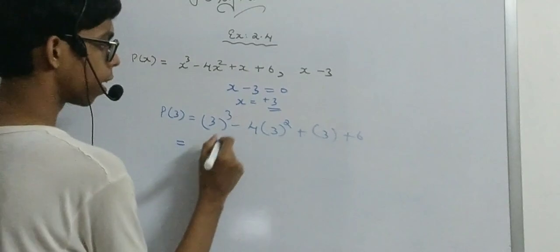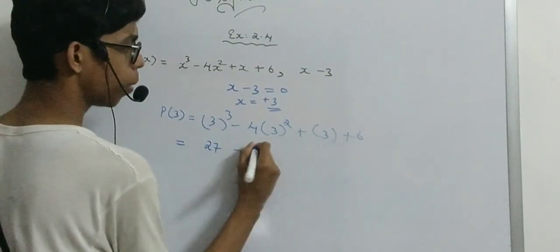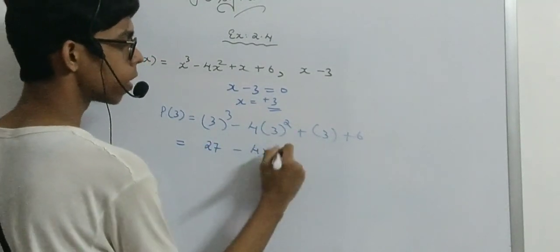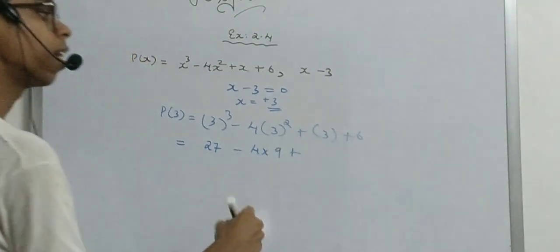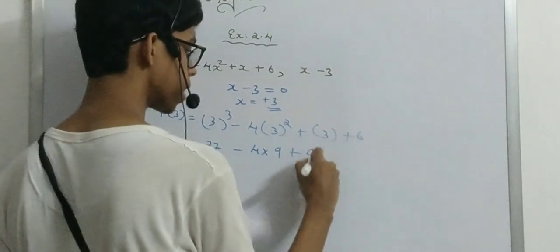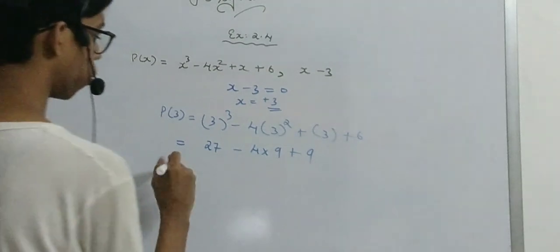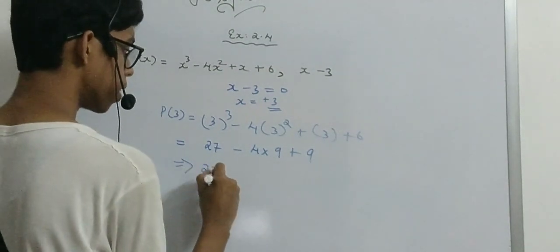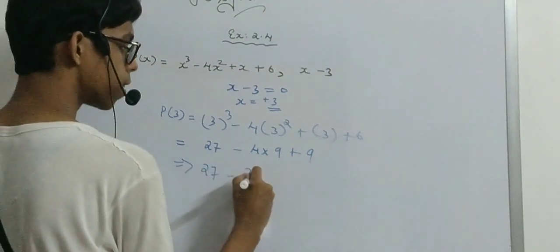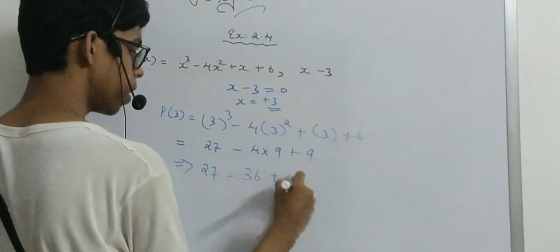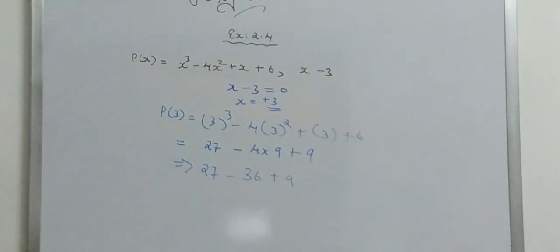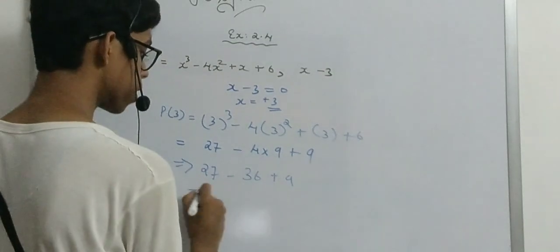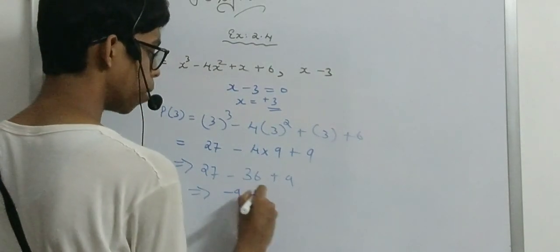So 3 cube means 27, minus 4 into 3 square, which means 9, plus 6 plus 3 which is 9. From here we will be getting 27 minus 4 nines are 36 plus 9. Now 27 minus 36 is minus 9, plus 9.